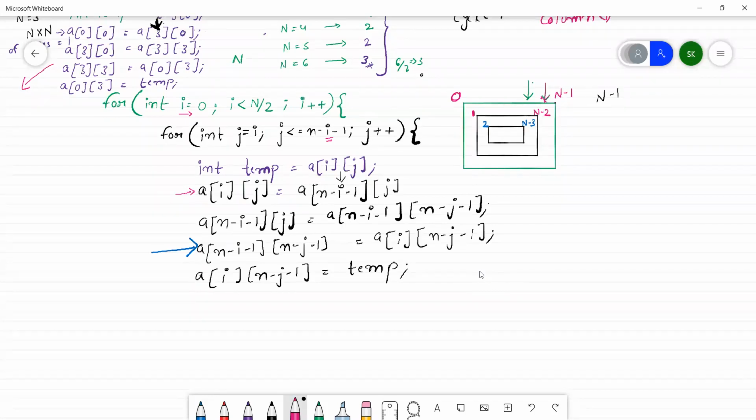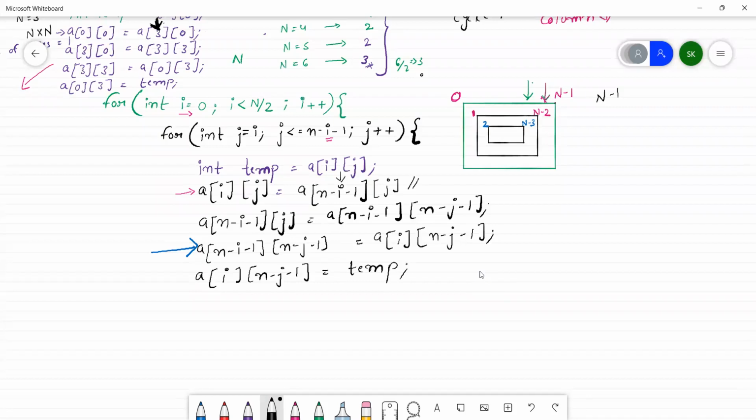As the column is decreasing, the j value will come here, n minus i minus 1, and the j value will be constant. So the i value will be changed. That's all. Okay, so basically you're saying that the bottom leftmost element is coming to the top leftmost element, right?